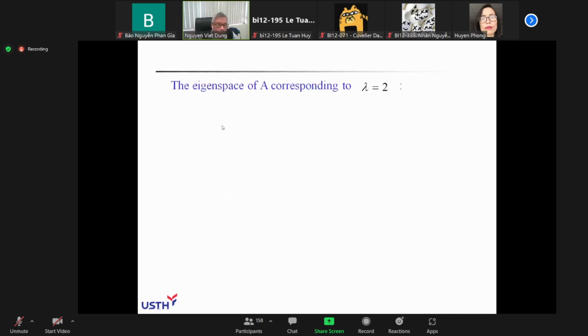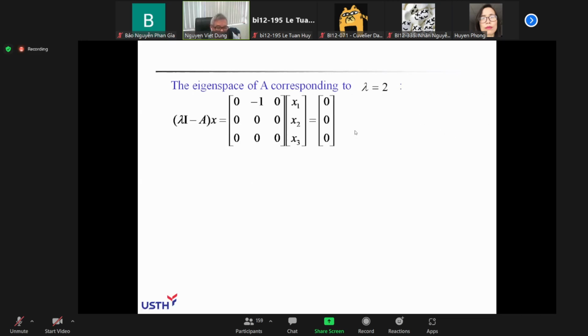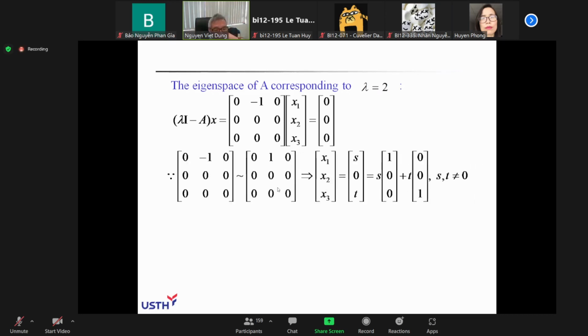Now we are looking for the eigenspace of A corresponding to lambda equal 2. The homogeneous system of linear equations is like that, and we are looking for a non-zero solution. We solve it by using Gauss-Jordan elimination to get that one.